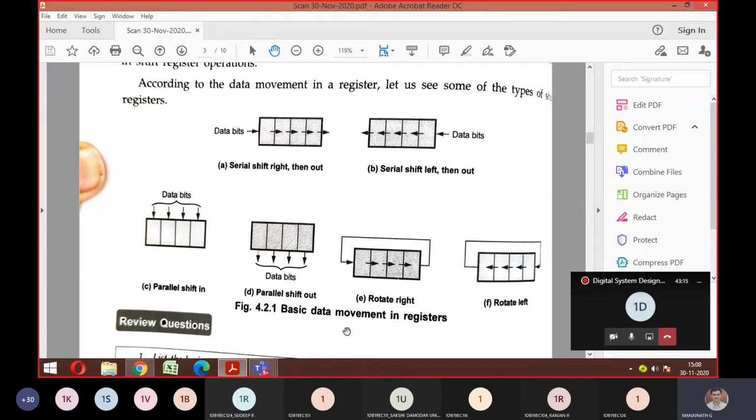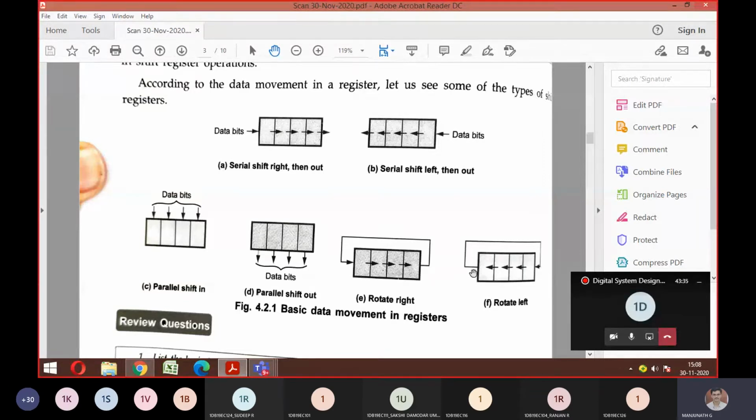Rotate right means towards the right-hand side you rotate, and the previous bit, the LSB, keeps rolling. Similarly, if it is a left rotate, from LSB to MSB, the MSB keeps rolling.